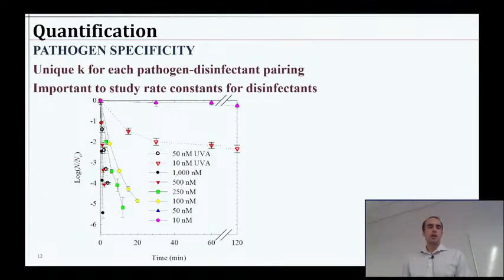Okay, talked about the pathogen specificity. Here's just an example from my research some time ago where we were disinfecting some virus. This one happened to be a virus that infects bacteria. It's about the same size and shape as norovirus, so it is a pretty good surrogate for norovirus.